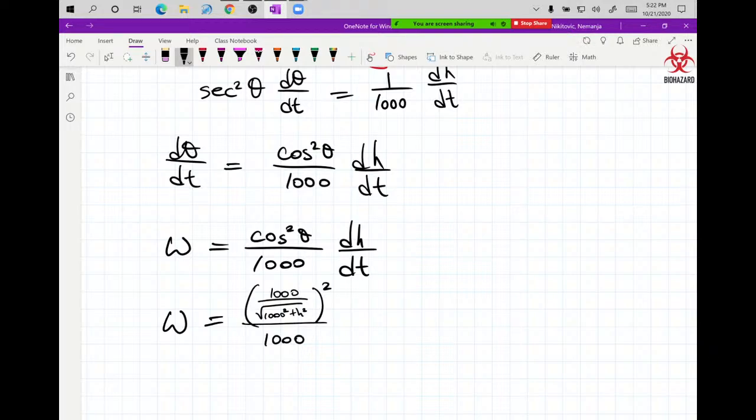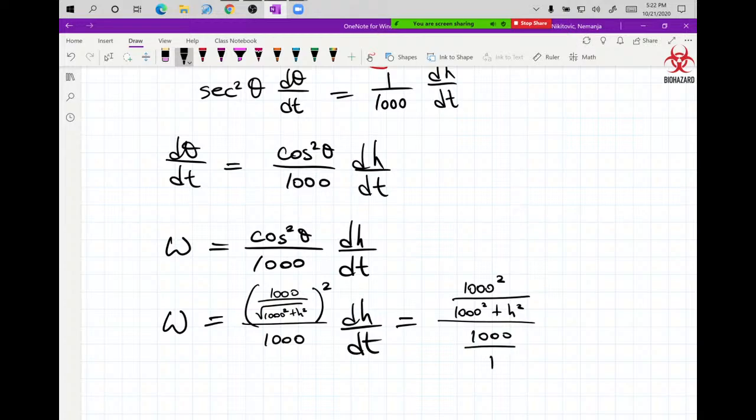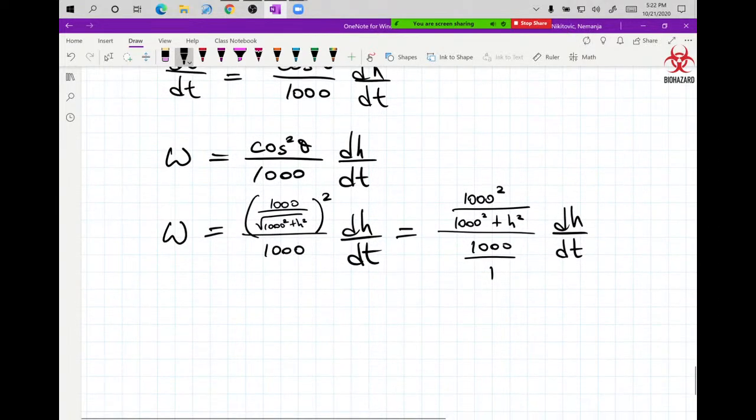And then I have 1,000 here and dh/dt. So the only thing I need to do is clean this mess up and we are done. I'm going to keep this as 1,000 squared, and then the square root kills the square. So we have 1,000 squared plus h squared, divided by 1,000. I'll put divided by 1 so it's easy to see the calculation.